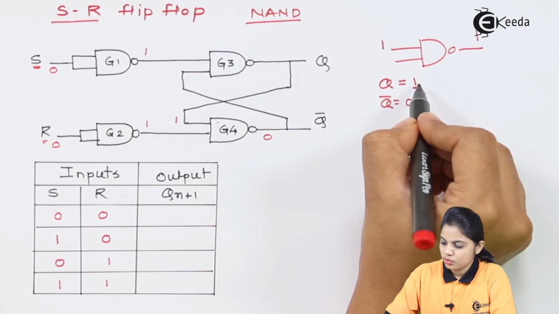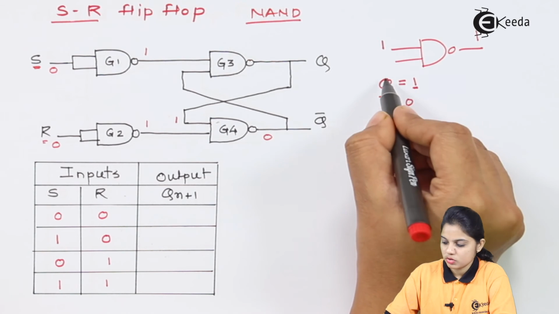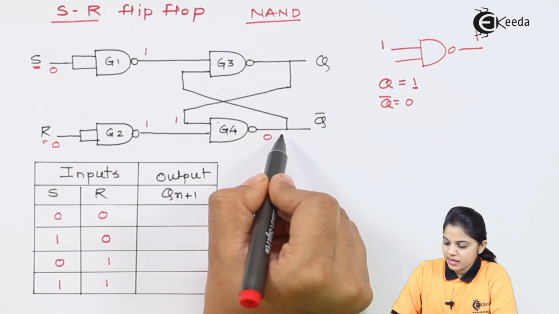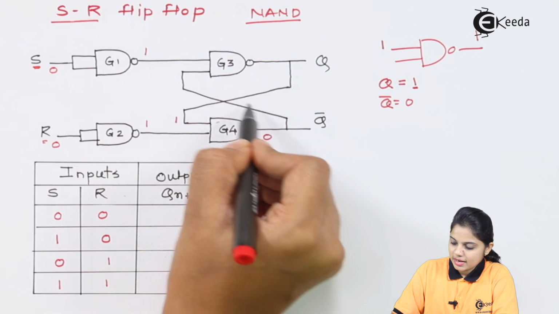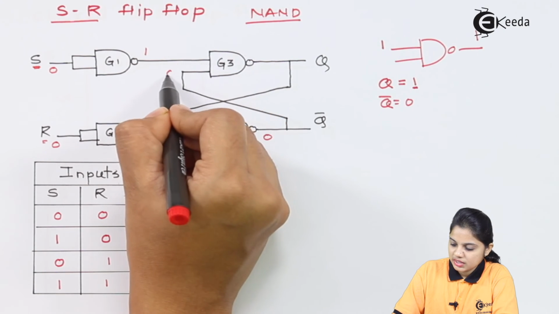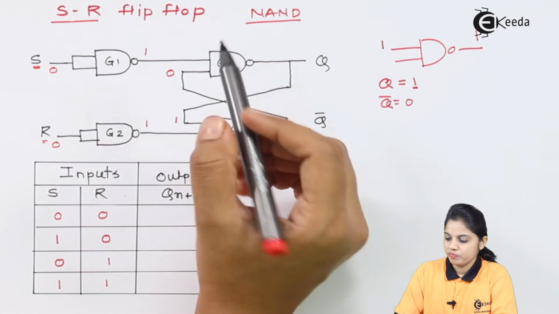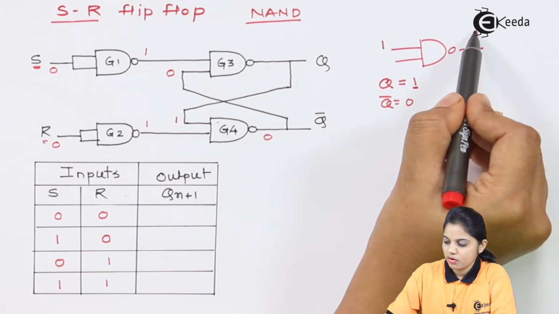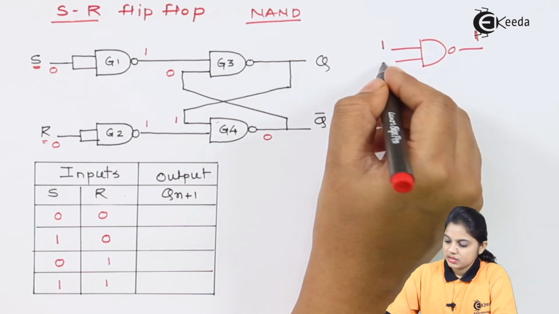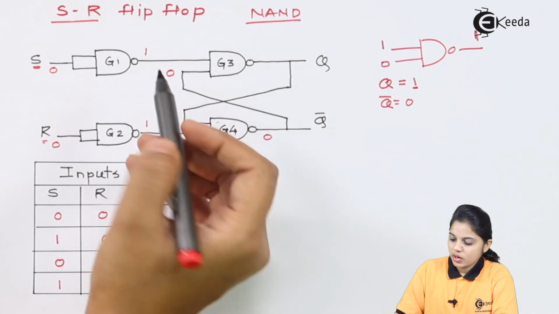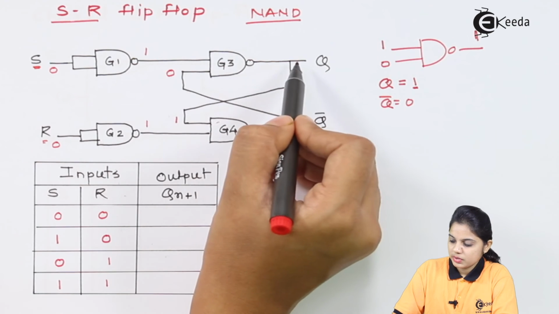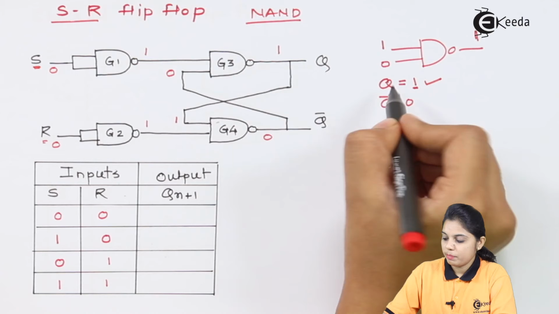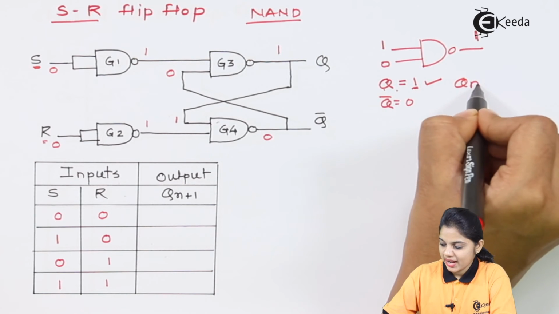Hence proved, if Q is equal to 1, Q bar should be 0, because these two outputs are complementary to each other. Now if Q bar is equal to 0, 0 is applied to the input of G3. If I have 0 at the input of the NAND gate, then definitely my output is equal to 1. So definitely my Q is equal to 1, and that is proof that we assumed the past output Qn was 1.